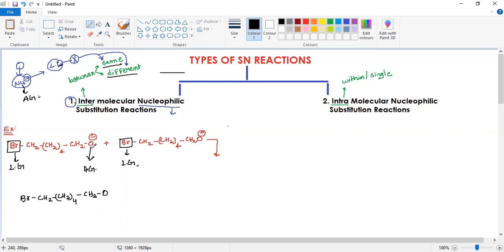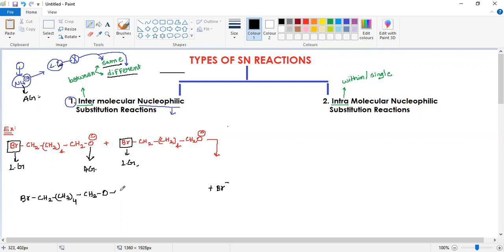It is going to displace the leaving group of that another molecule. That means the leaving group, bromine, goes away here, plus Br minus. The remaining molecule should be attached here. Whenever we attach another molecule, don't forget it should be overlapping, in the opposite direction, remember that. Otherwise, we can directly write.